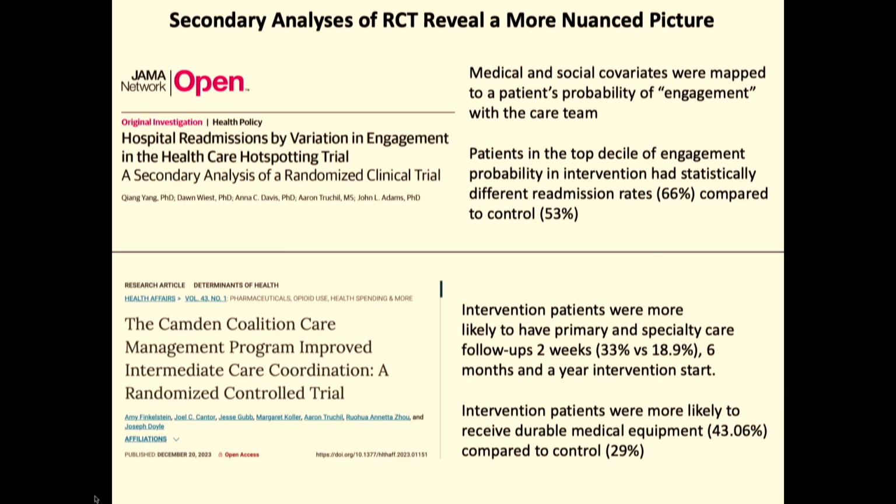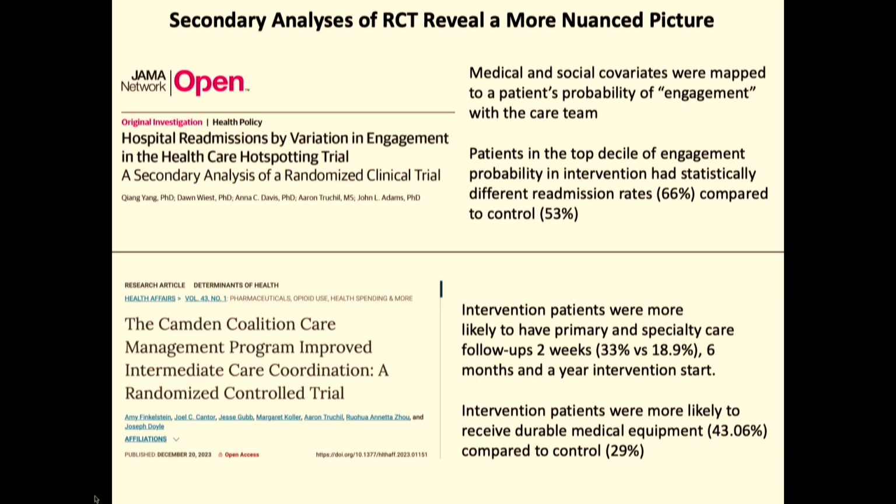However, since that first study, there have been secondary analyses of the randomized control trial. And these are showing lots of positive benefits. For example, this study in JAMA Network Open shows that patients who had high levels of engagement had statistically lower readmission rates than people who had low levels of engagement.